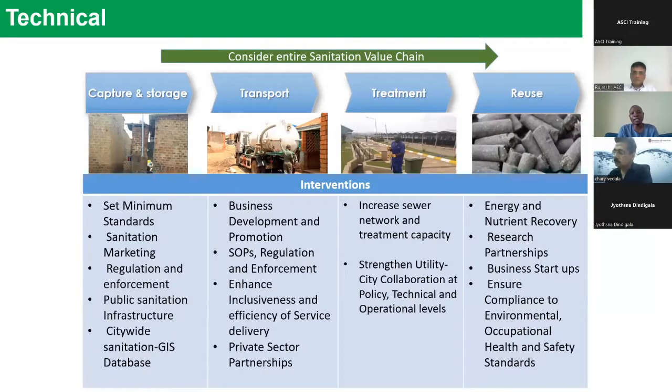Again, this is a value chain. I will not read all of these, but just to show you that clearly at every level, we had a number of priorities to focus on, and this is where partners, government, development partners and NGOs would plug in wherever they could. But maybe I could highlight the minimum standards.